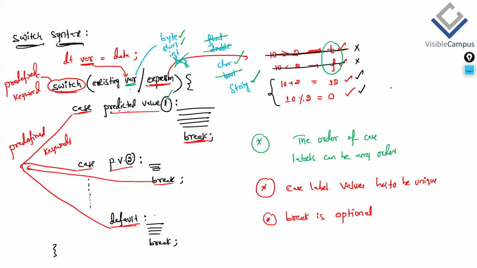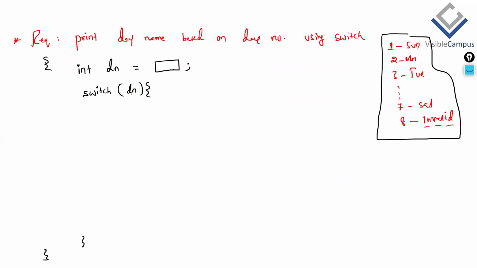So here, what is this dn? It is a variable. It is of which type? Integer type. Then can we write character case labels? Can we write string case labels? For example, can I write case Java? Is it correct? No, sir.